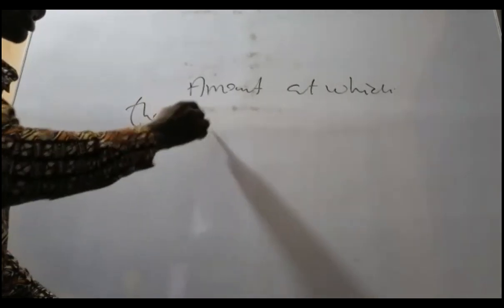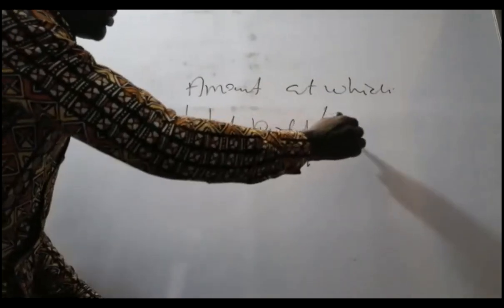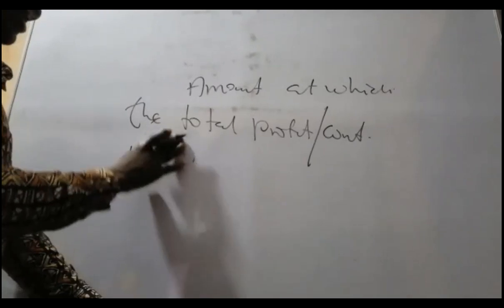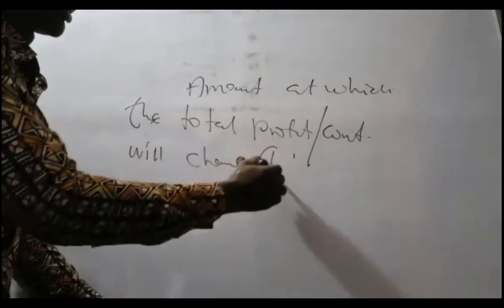So shadow price is an amount at which the total profit or total contribution, you can make it total profit or contribution, will change by. Change means increase or decrease, plus or minus.